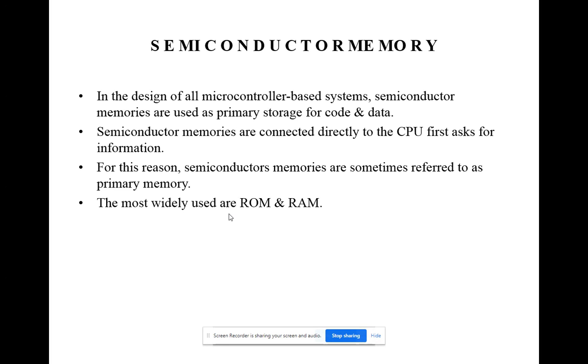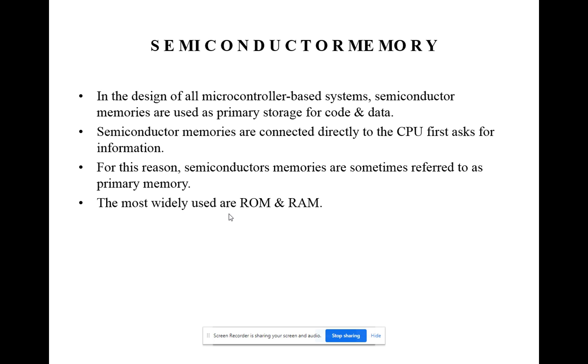Then semiconductor memory. In the design of all microcontroller based systems, semiconductor memories are used as primary storage for code and data. For storing the code and data, you will be using a semiconductor memory device. It can be directly connected to the CPU for getting the information.